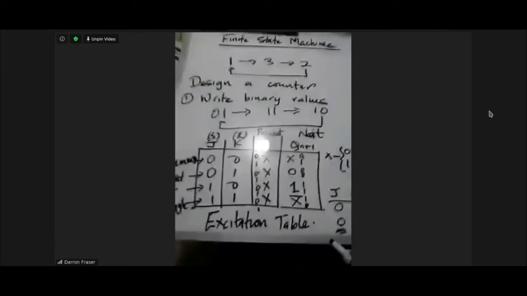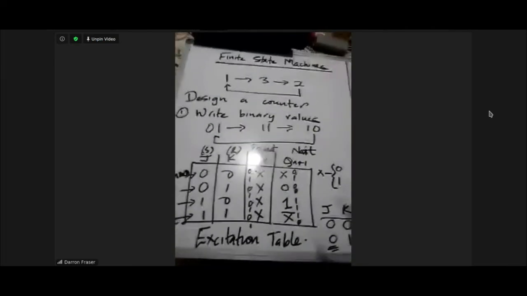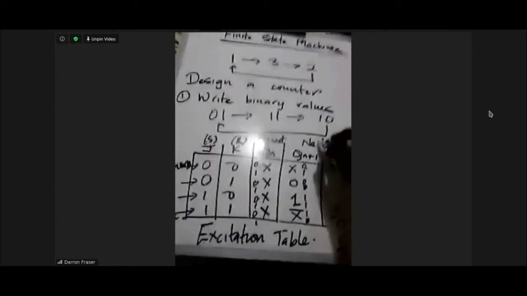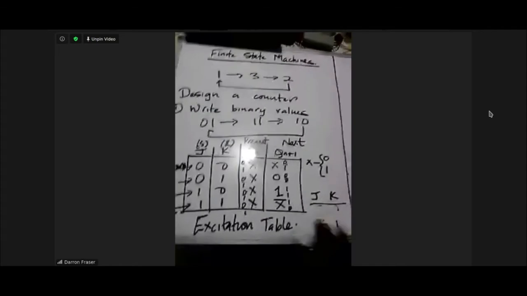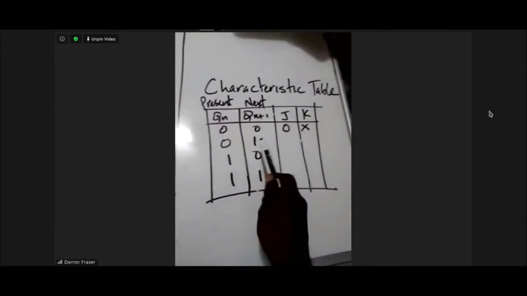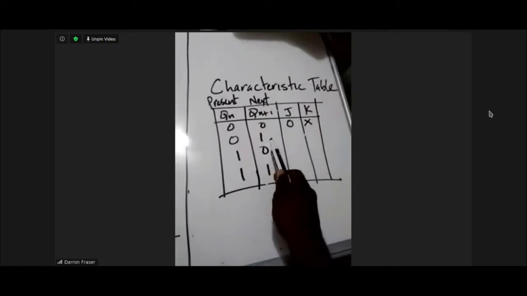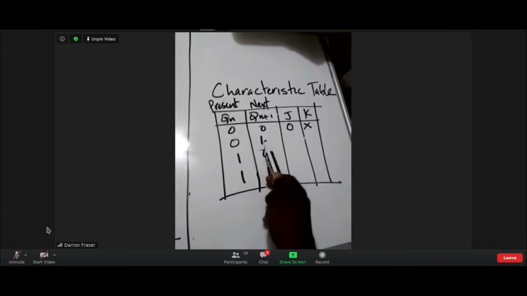So now let me check and see if anybody listening has not reached understanding yet. And go back to the rough work here. If I'm presently at 0 and the next state is 1, what values of J and K do I need? Presently at 0, next state is 1.